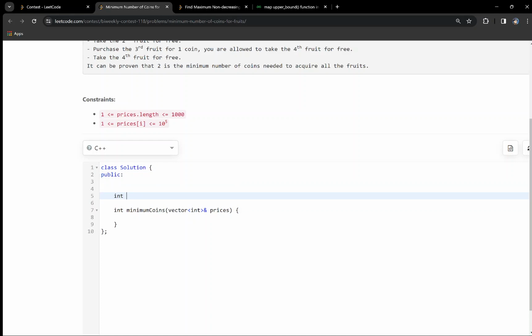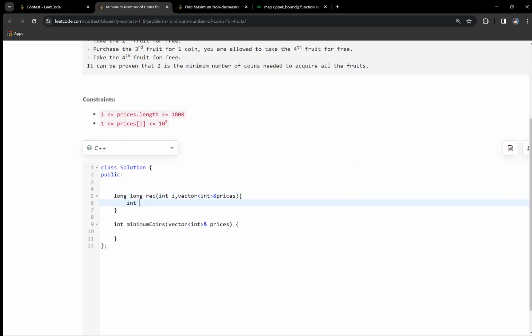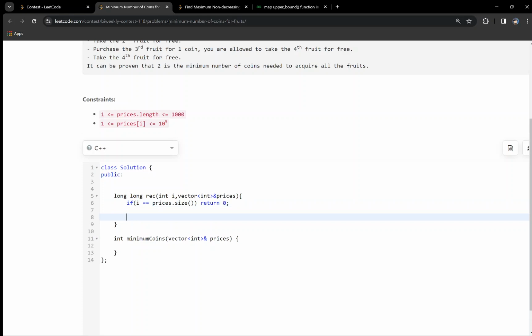So int or long rec, int I, vector int prices, and if I equal to prices dot size, return 0.